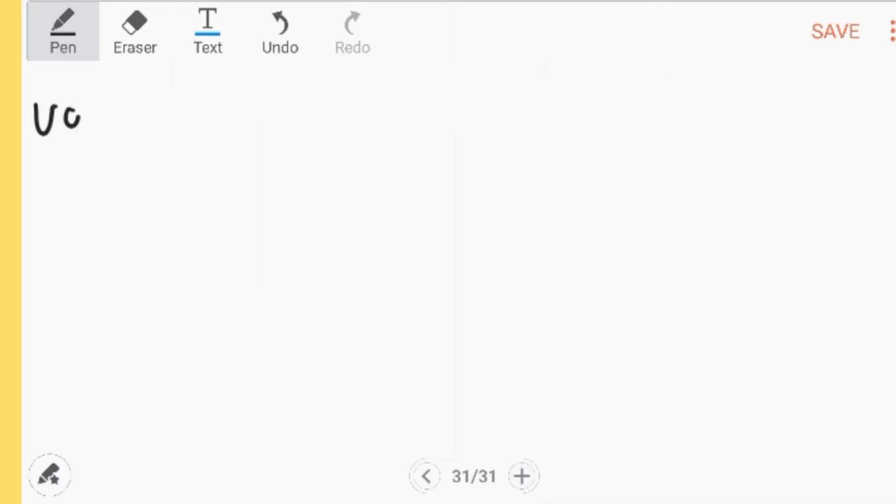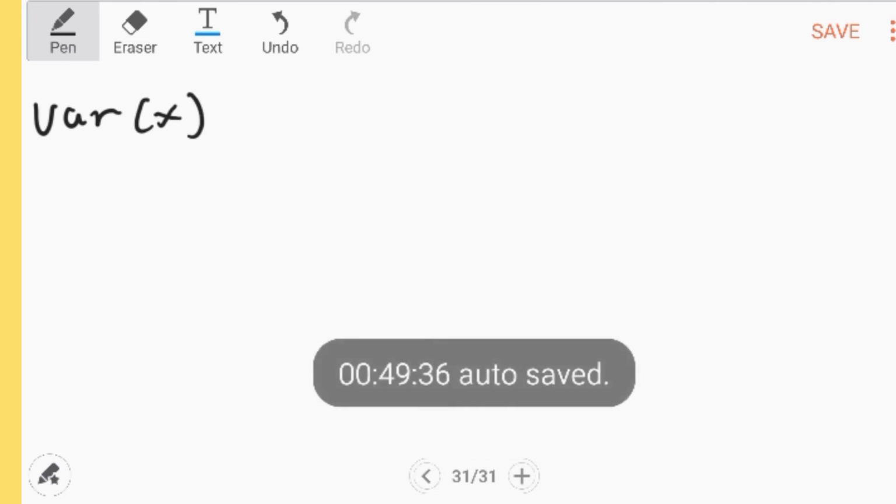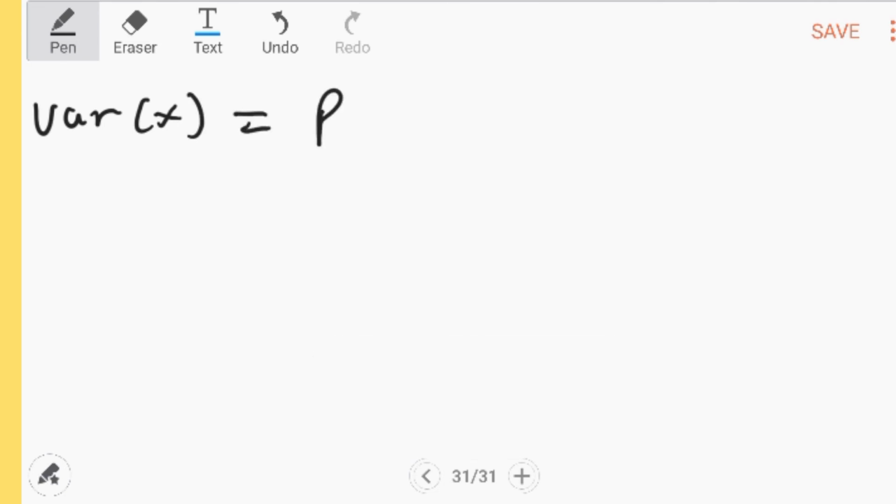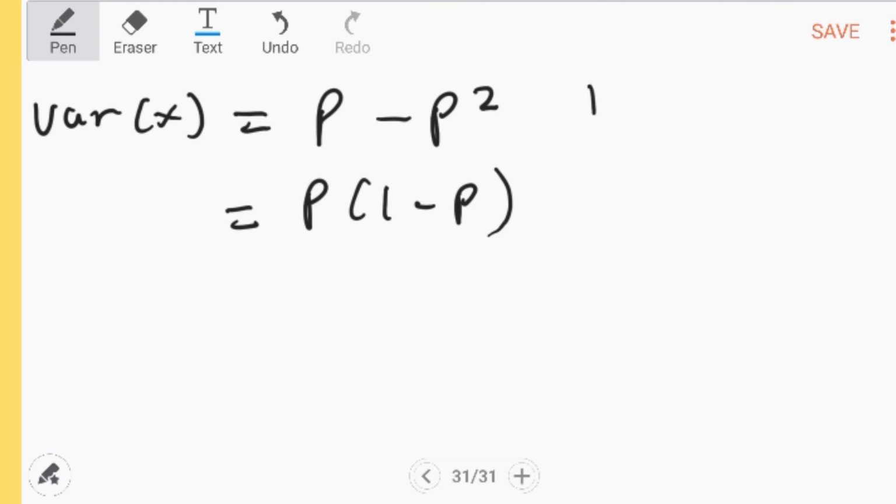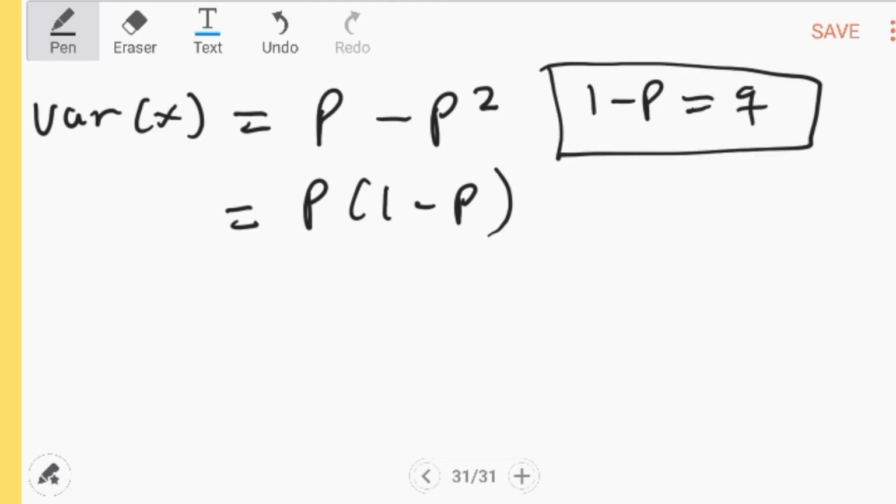So we have the variance of x equal to p minus p to the power 2. Now let's factor one of the p's out. We have p times 1 minus p. Now recall that 1 minus p is equal to q. I hope you remember this. 1 minus p is equal to q, the failure probability.